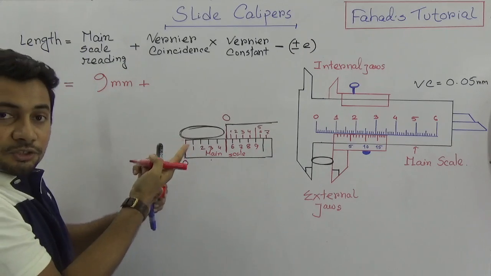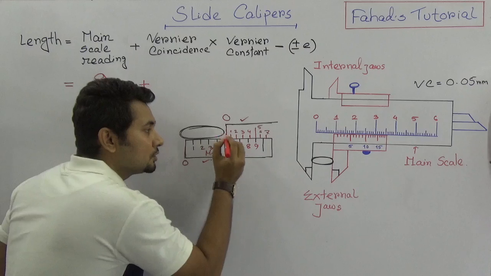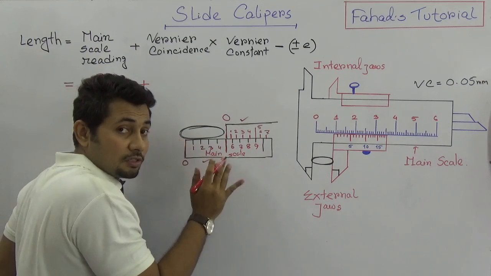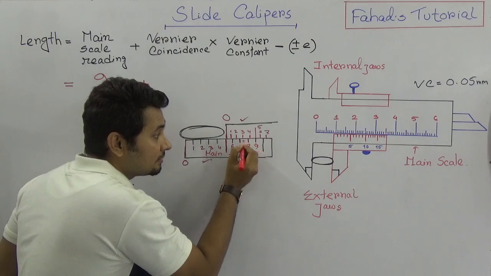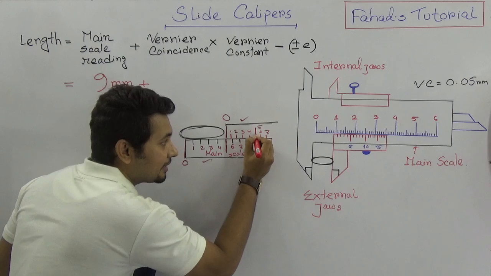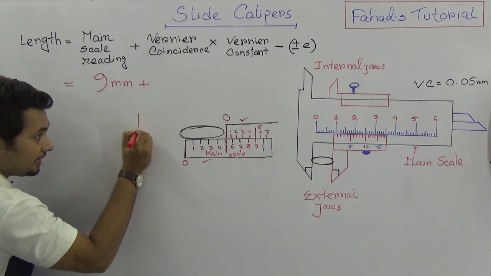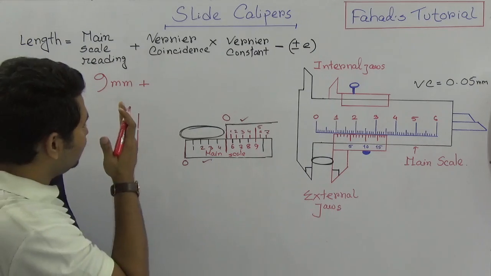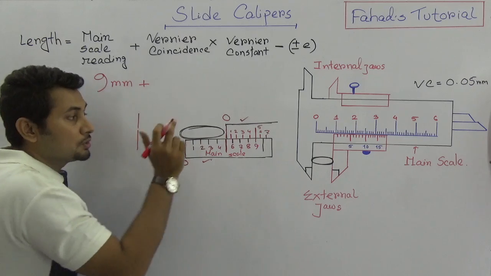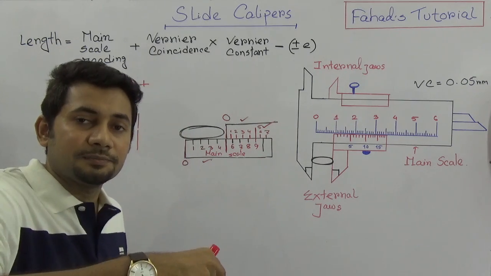Numbers 1, 2, 3, 4 are not aligned with a mark of the main scale. But you see that number 5 and number 9 are aligned; through your eyes you can see they are vertically aligned. So number 5 is the Vernier coincidence.